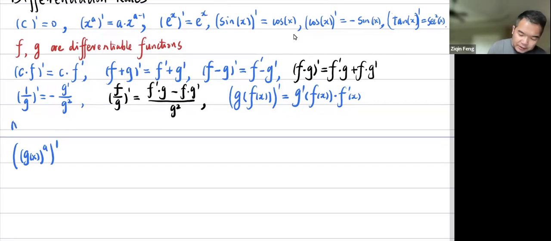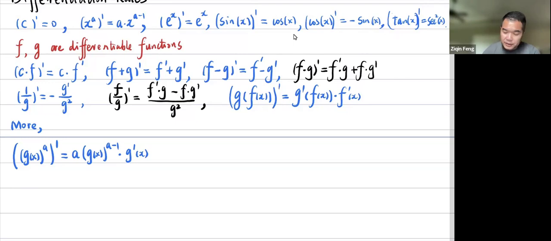This is a composition of two functions. The outer function is the power function, right? So we apply the power rule: bring a down, and keep the inner function g of x to the power a minus one, then times g prime of x.